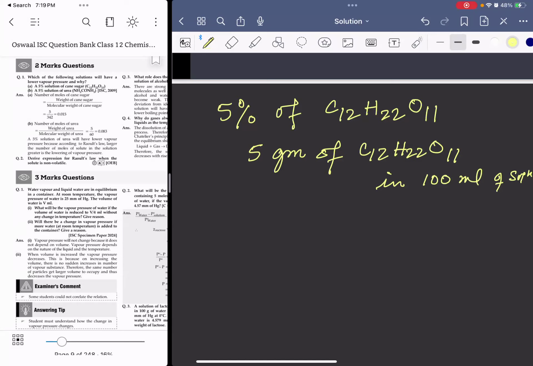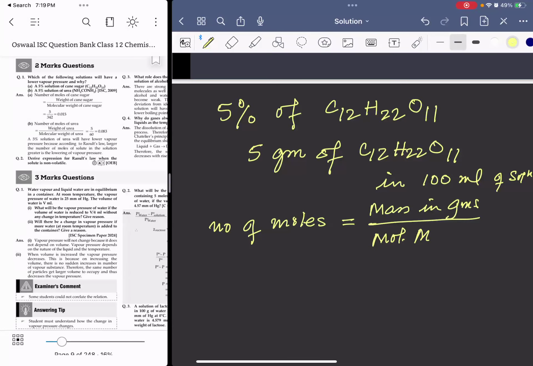Okay. So now let's find out how many moles are in 5 grams of this compound. How do we calculate the number of moles? You know that the number of moles can be calculated by dividing the mass in grams by the molecular mass.